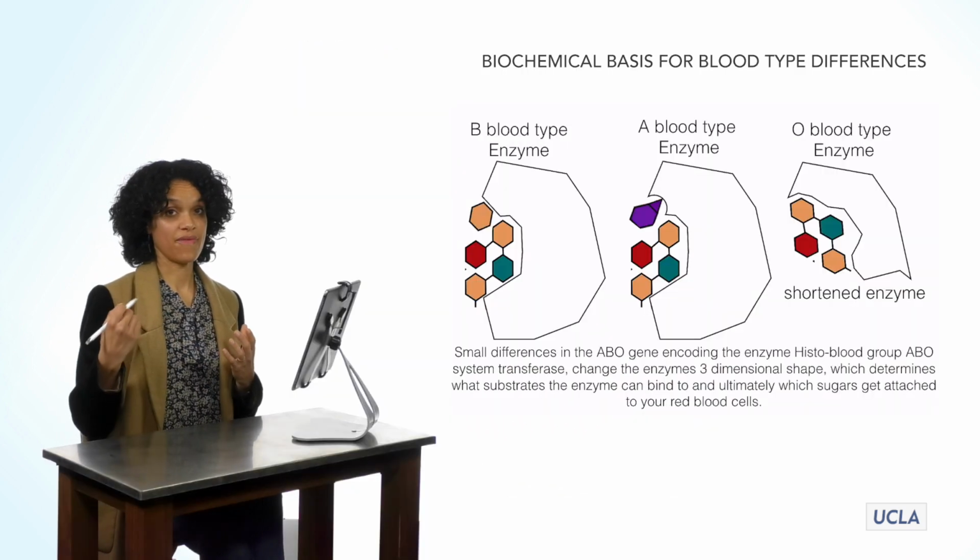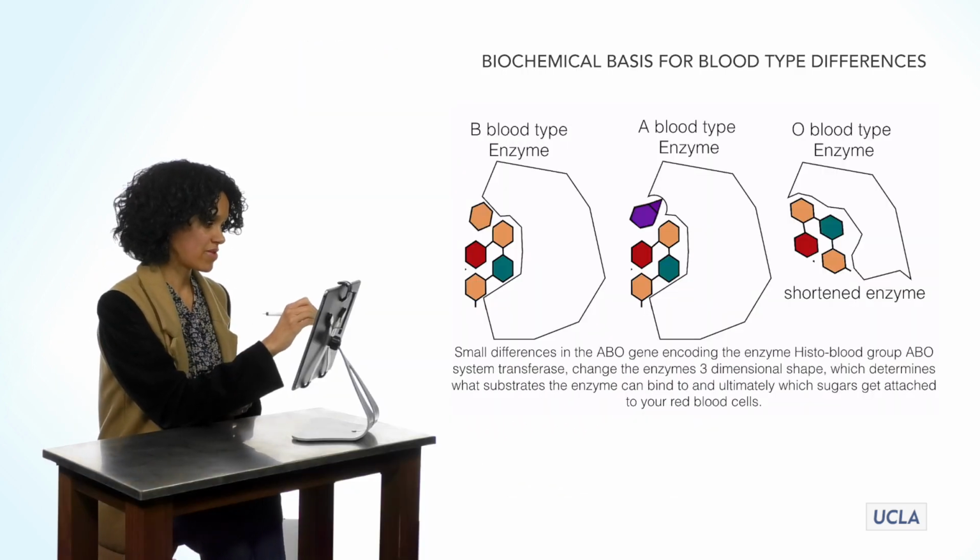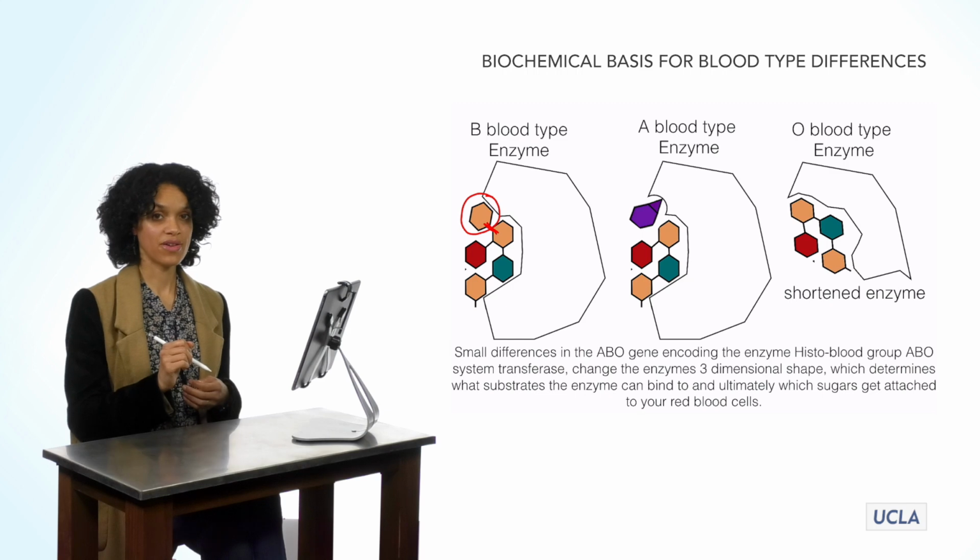And the way that you get this difference, which seems like a small molecular difference, comes down to the enzyme that puts on these extra sugars. In the case of your B blood type, your enzyme binds really well to galactose, that last sugar, to put it onto your H group.